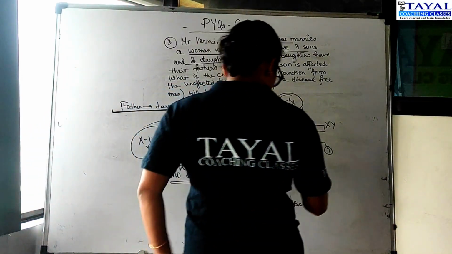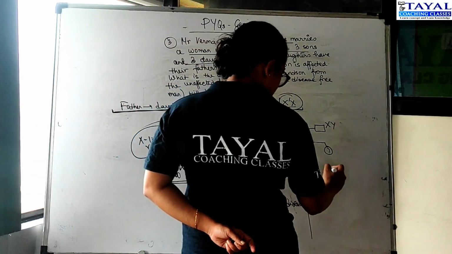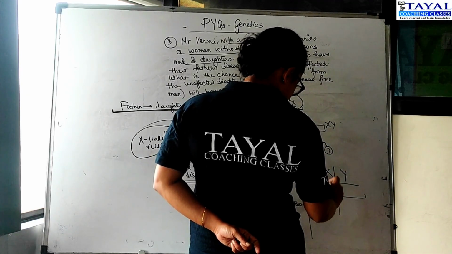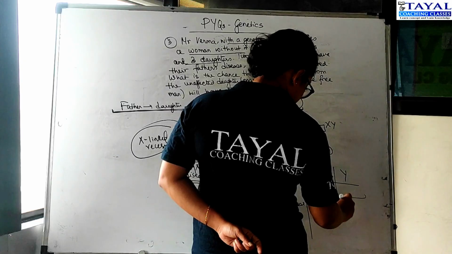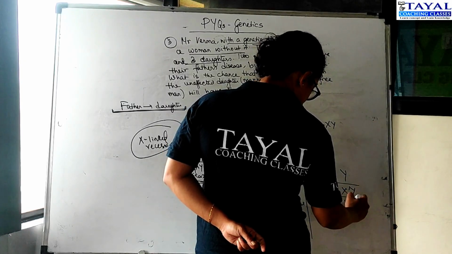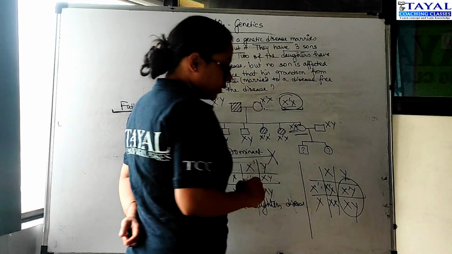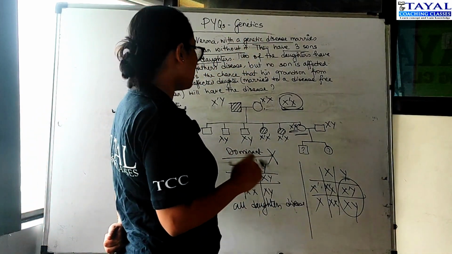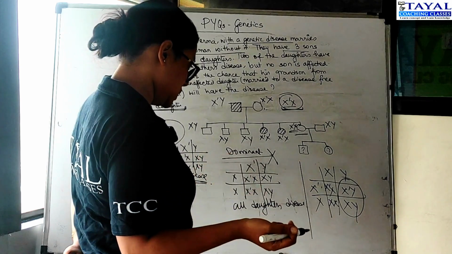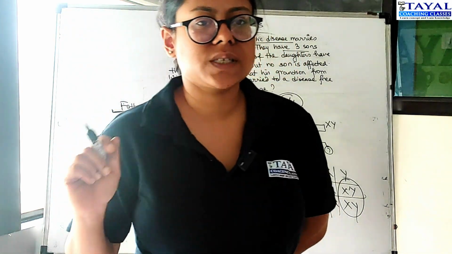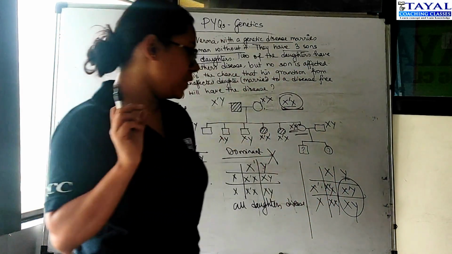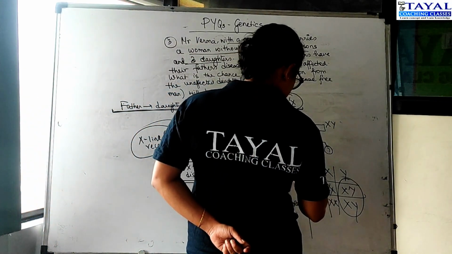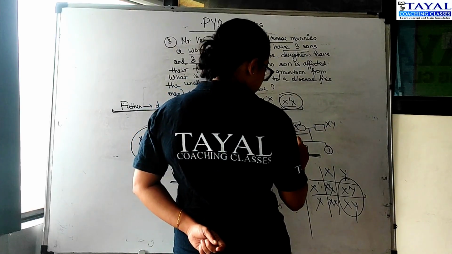So it will be a cross between XY and X'X. There is a 50% chance that the boys born to them will have the disease, and a 25% chance that any kid born to them will have the disease. So the chance of this particular boy having the disease is 50%.